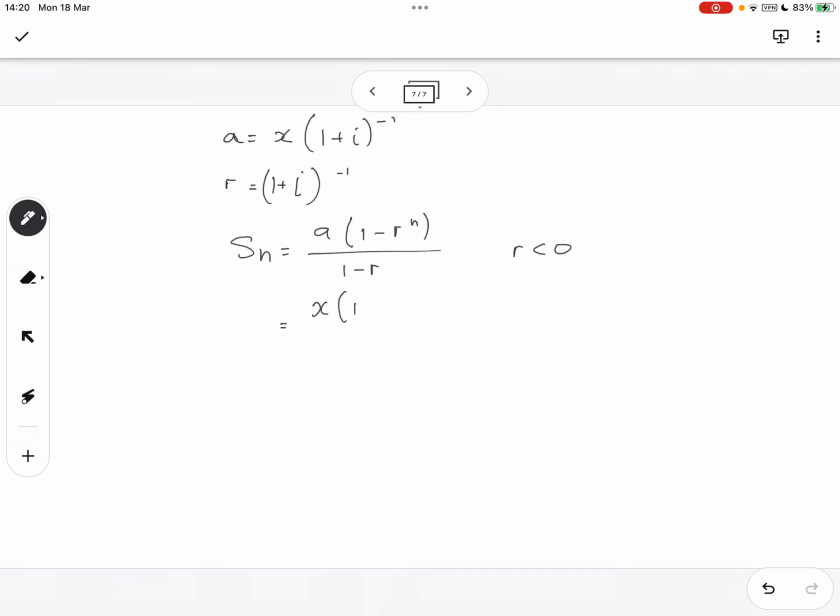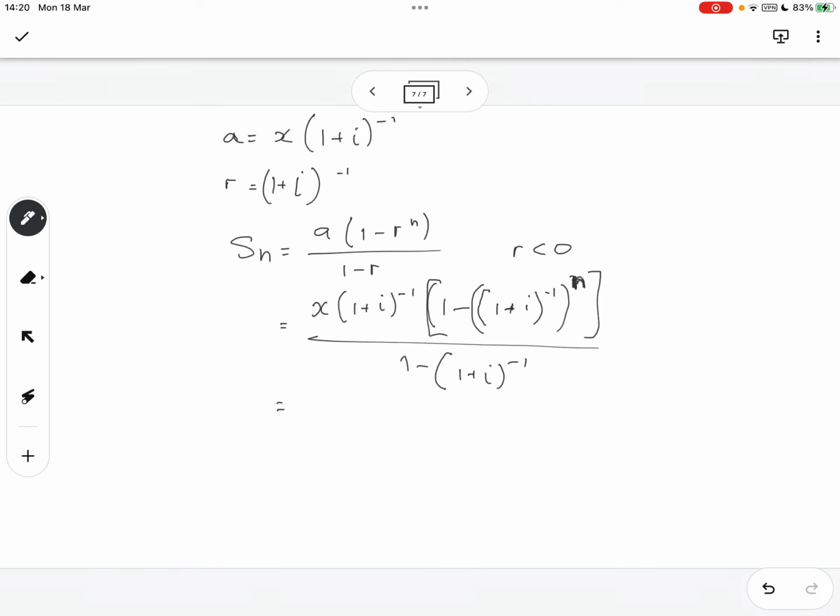Then we have x into 1 plus i to the power negative 1 into 1 minus 1 plus i to the power negative 1. But this also goes to the power n. Let me just do that. 1 minus 1 plus i to the power negative 1.